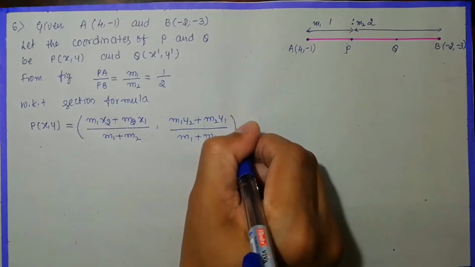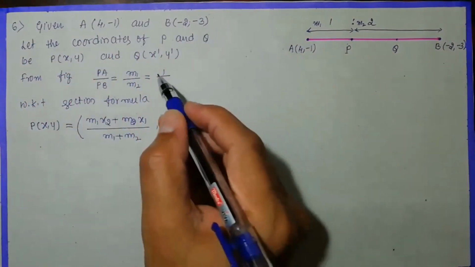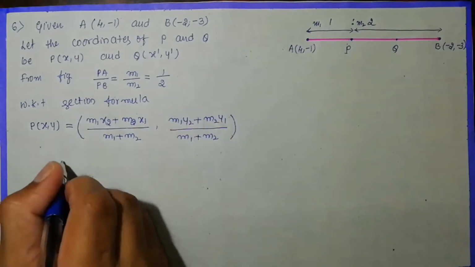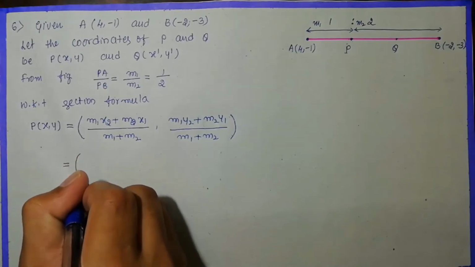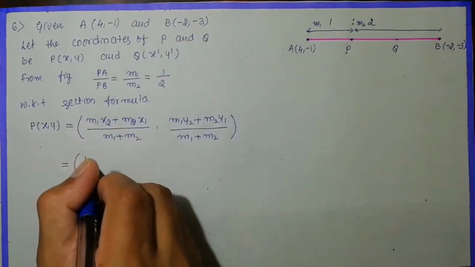Okay, so now x1, y1, x2, y2, m1, m2. Just some substitution and then simplification. m1 means 1, x2 means -2.